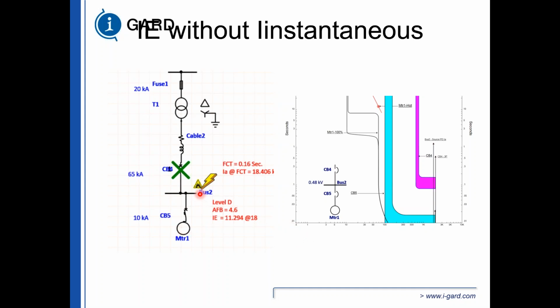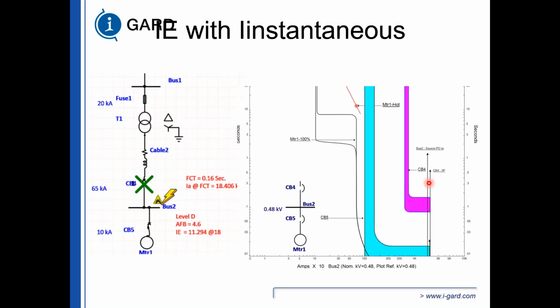And I'm just showing you what the difference is between a non-instantaneous and instantaneous. And you can see here that we operated the breaker under the short-term rating. So we turned on the instantaneous. However, I've selected for this example 12 times instantaneous, 12 times pickup.